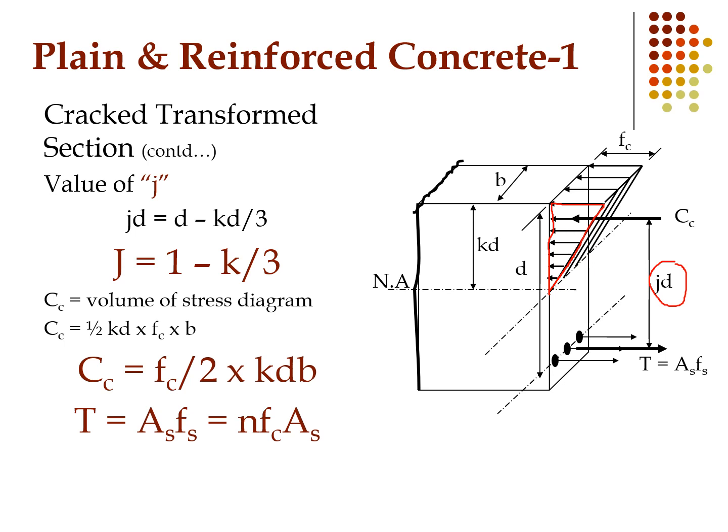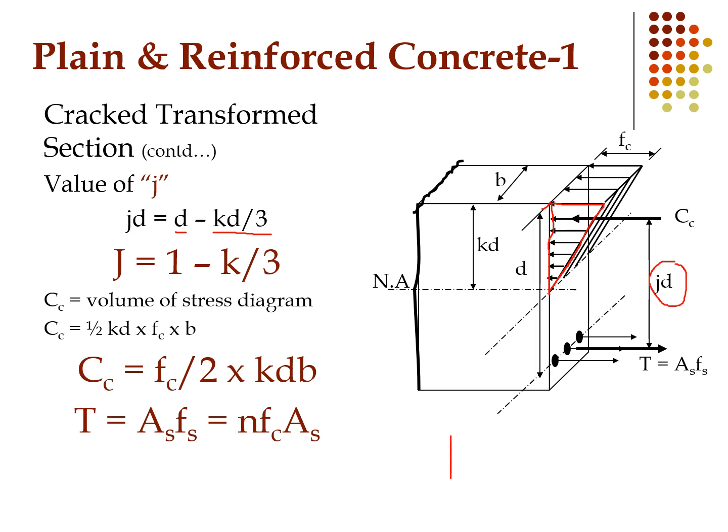Now d is the distance from the compression face to the centroid of the steel. So jd is equal to d minus kd by 3. kd is the distance from the neutral axis to the compression face.